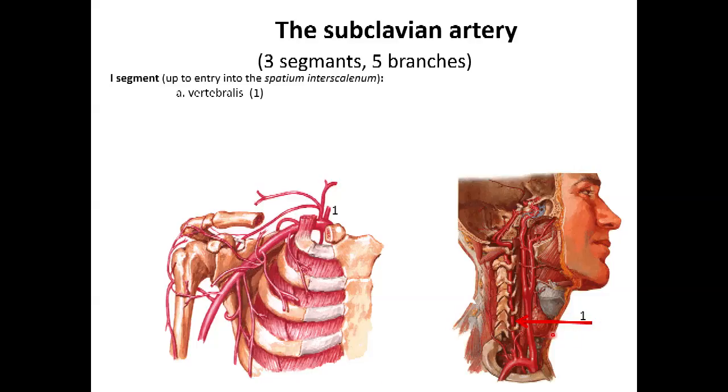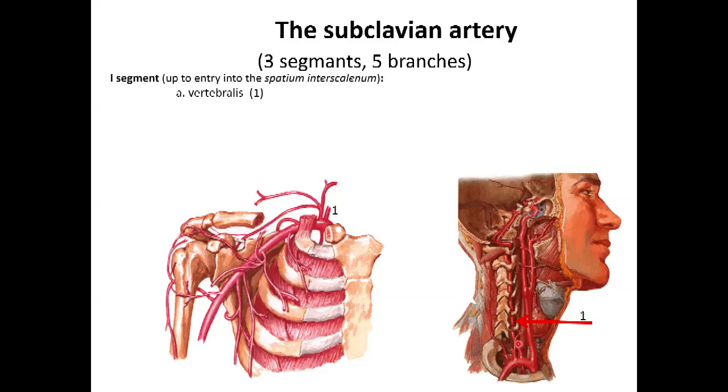Here on the right picture we can distinguish that this vessel has this specific name because it passes through the canal in transverse processes of cervical vertebrae, but not from all 7. The 7th cervical vertebra is free from this vessel, but usually from the 6th, sometimes from 5th.